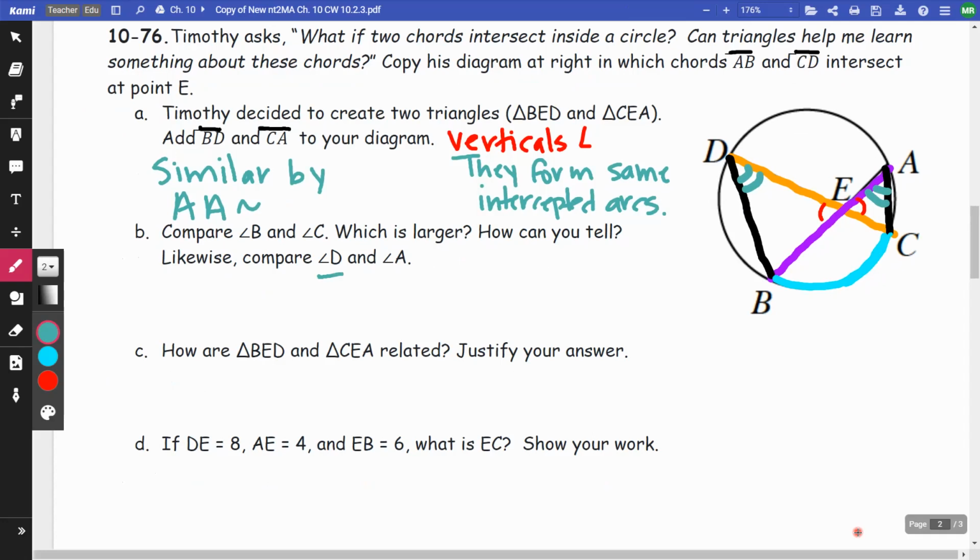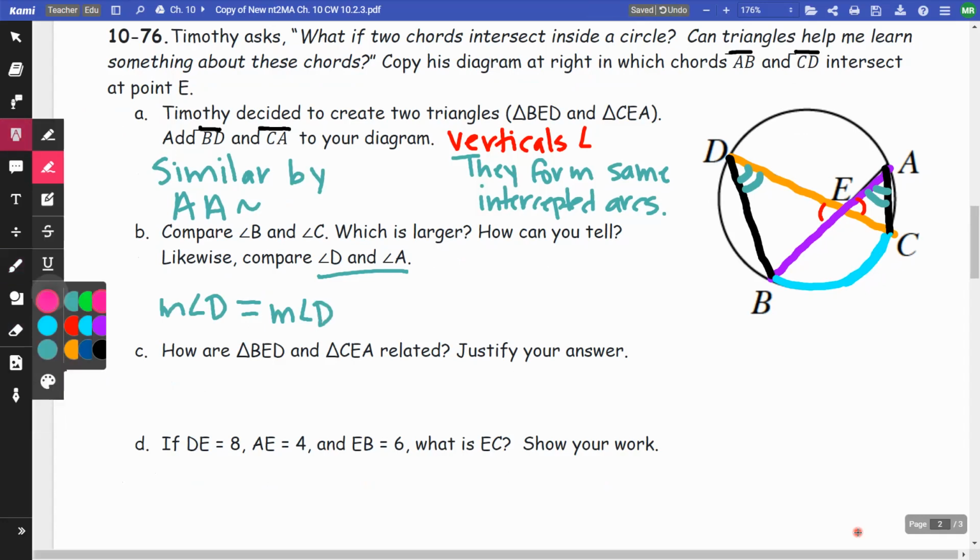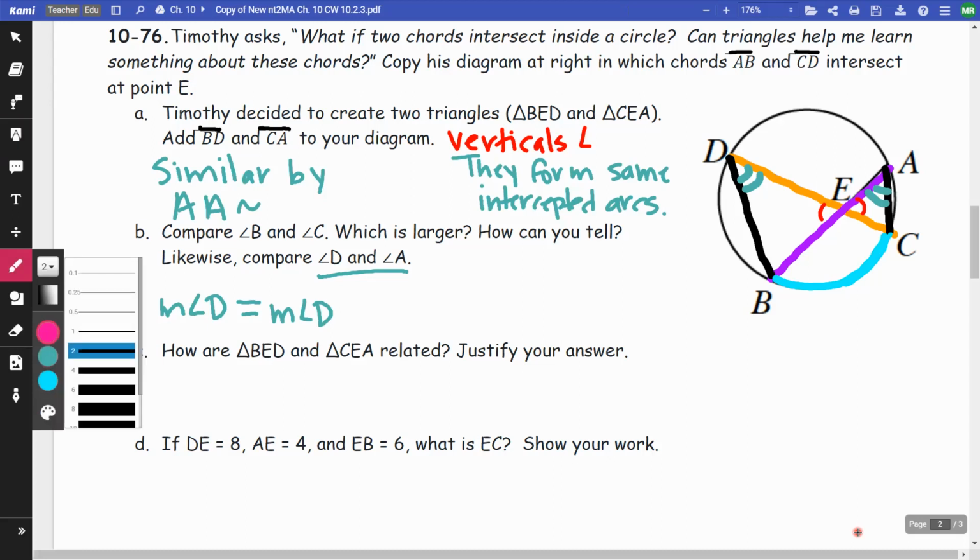I show that D and A, the measure of D and the measure of A, are going to be equal to each other. If we take a look at a difference, so we want B and C. So let me draw in this B and C, this right here.